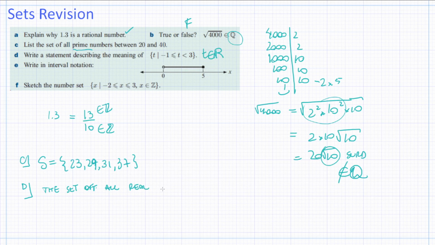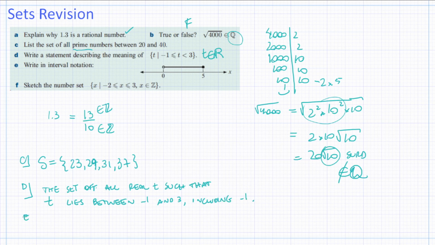Since it's omitted, so all real t such that t lies between -1 and 3, and including -1. And that's how it's done.